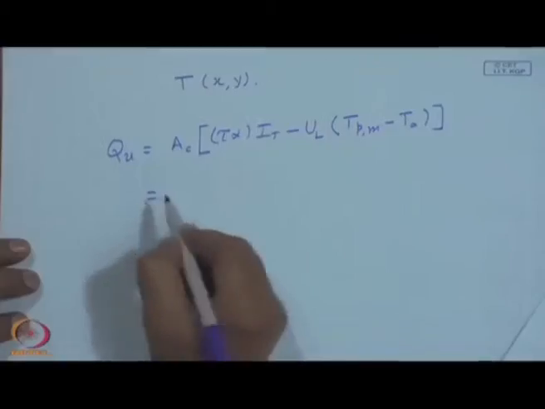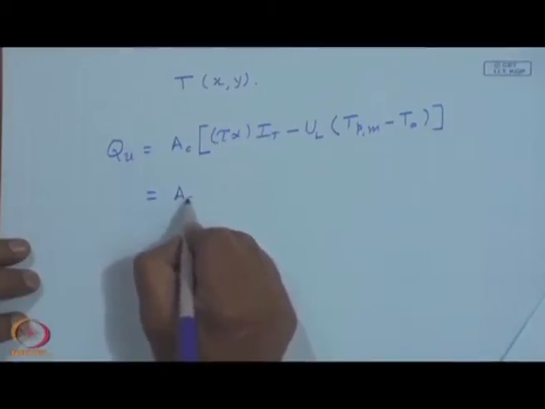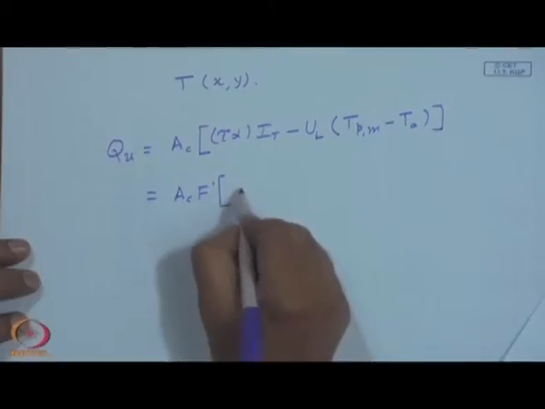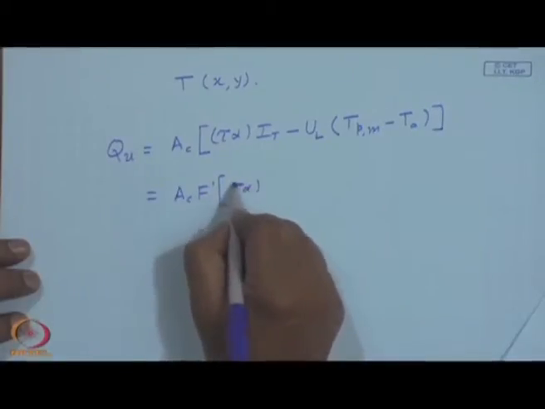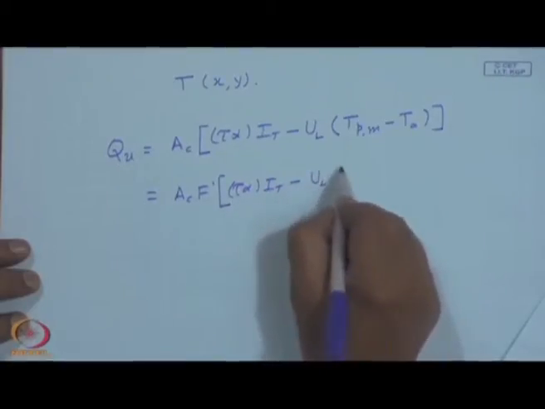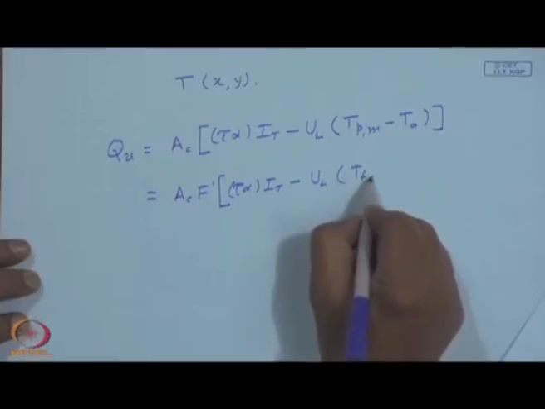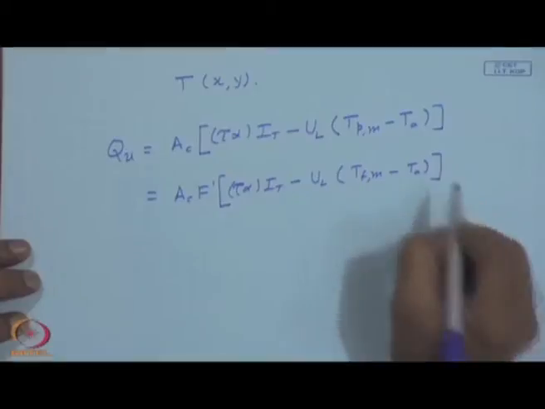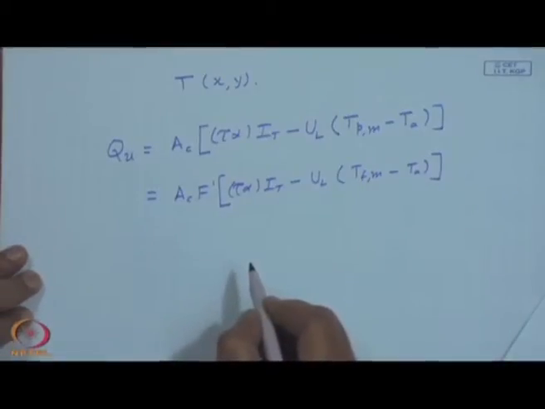We consider the entire flat plate to be at a temperature T p m. This, of course, for reasons we already mentioned, has been modified by multiplying with an efficiency factor F dash: tau alpha times I t minus U L. Instead of T p m, I choose T f m minus T a. This gives a little more clear idea about the collector.